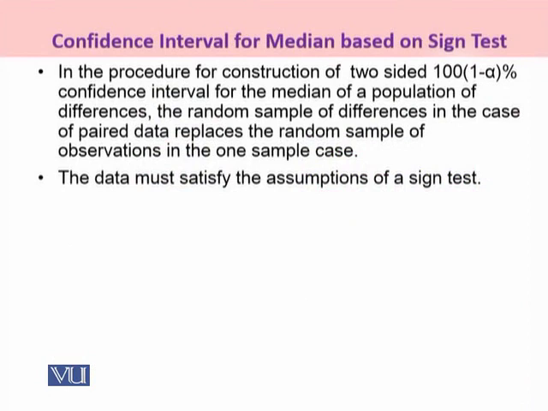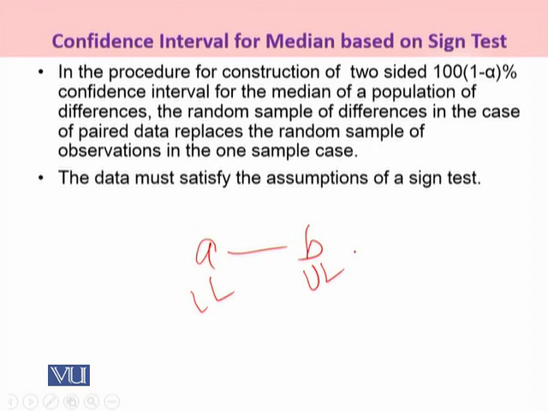So students, in the procedure for construction of the two-sided 100 × (1 − α)% confidence interval, why do I say that it has to be two-sided? Because whenever we talk about an interval, it is always in the form of A to B. So there is a lower limit of the interval and an upper limit of the interval.